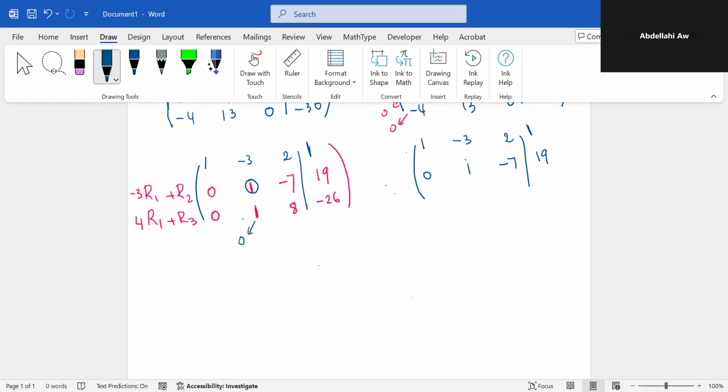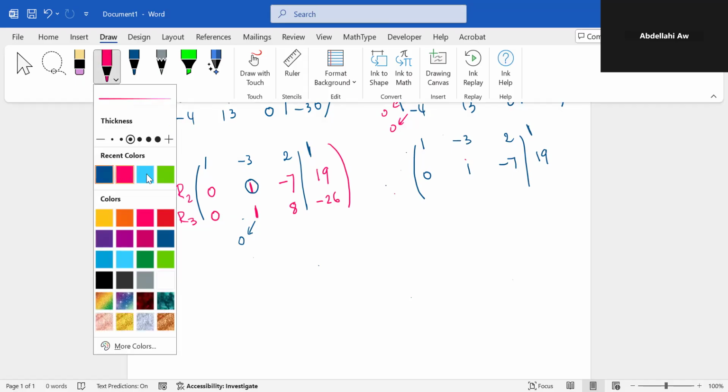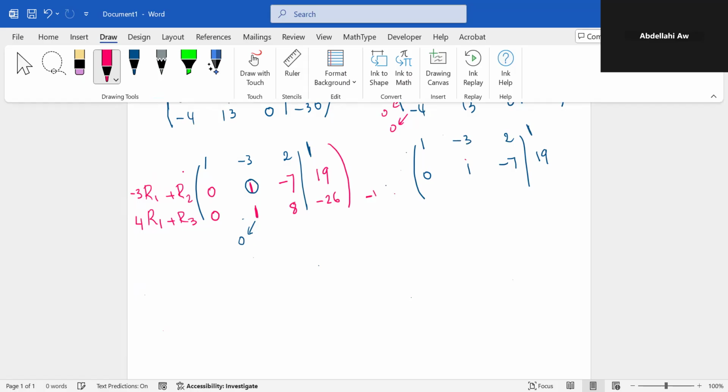So now what you're going to do? We're going to say row number 2, we're going to multiply by the opposite of this one here. It's going to be -1 times row number 2 plus row number 3.